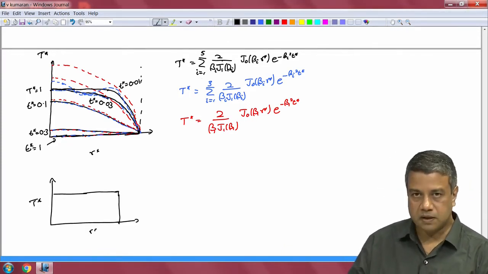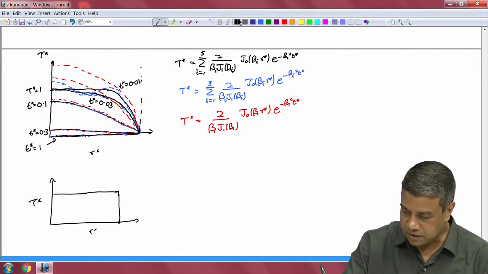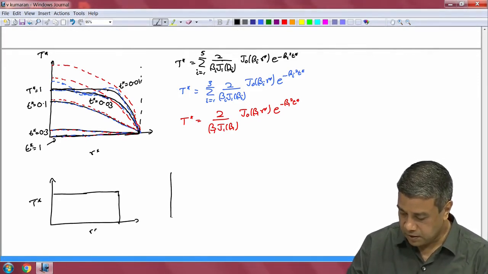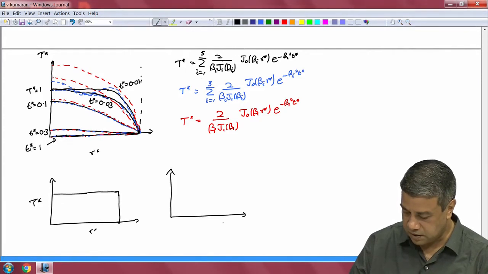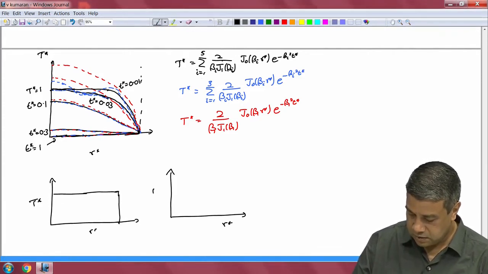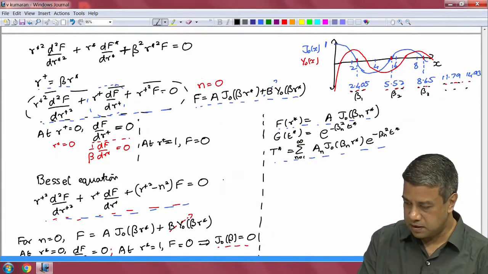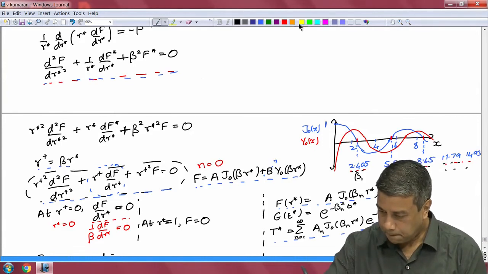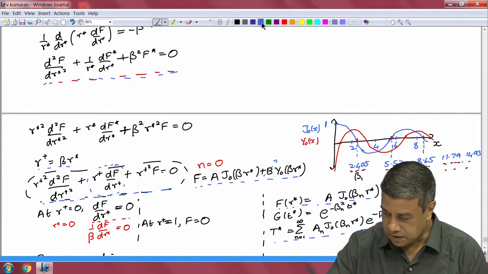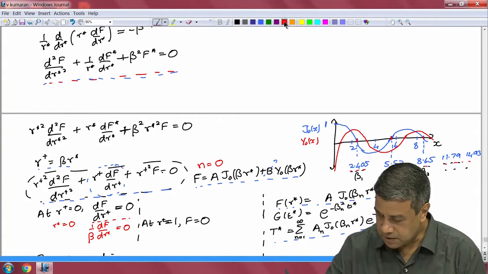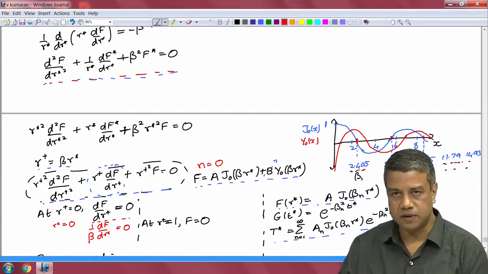What you are trying to do is to write the step function as the sum of a series of functions, each of which represents one of these segments. The first one represents the segment going from 0 to 2.405.